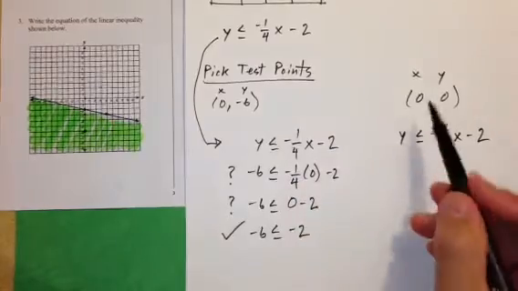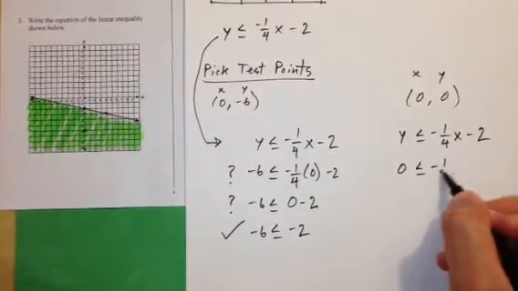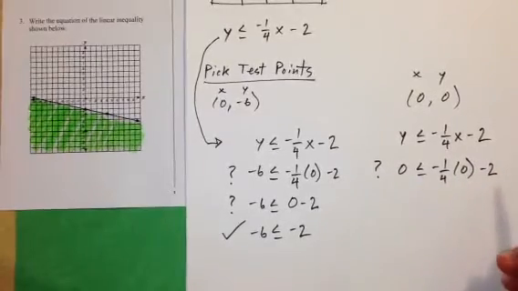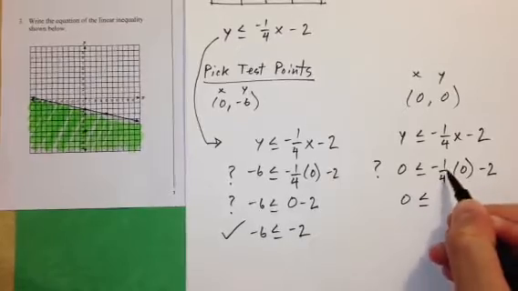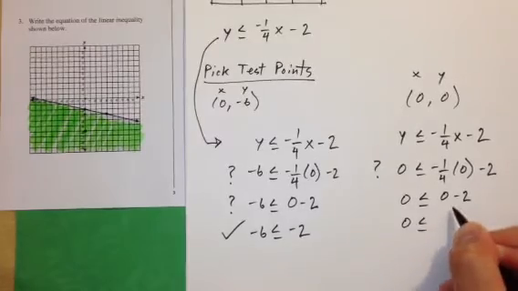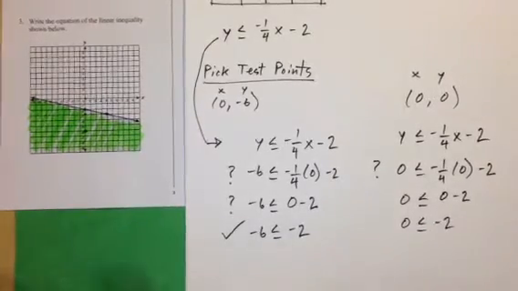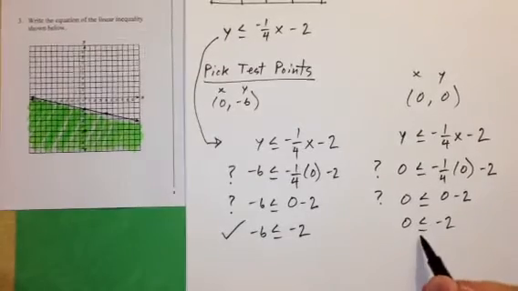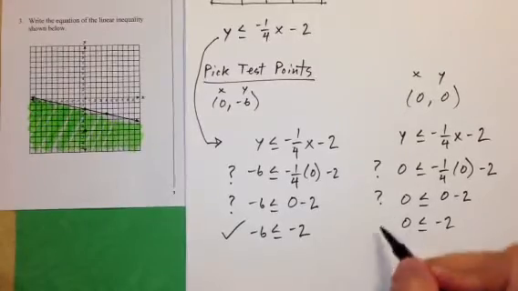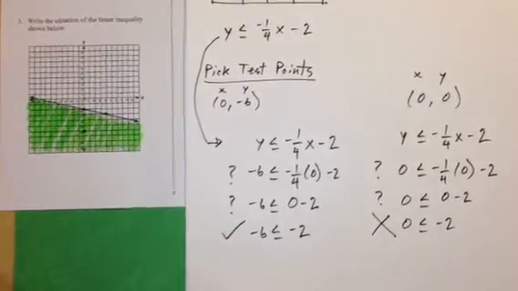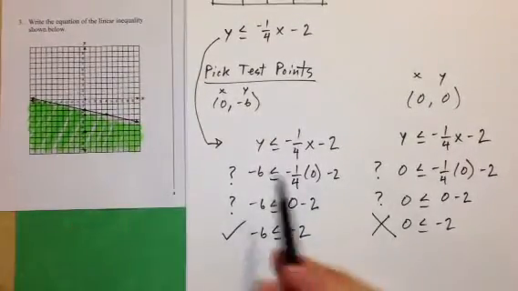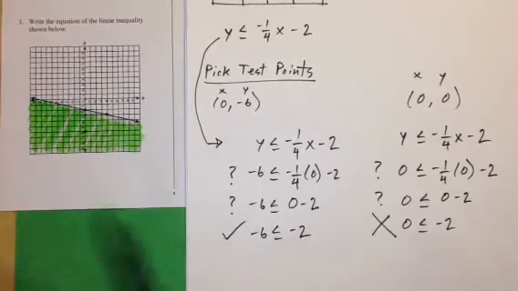Substituting 0 for y and 0 for x, with a question mark: 0 is less than or equal to -1/4 times 0 minus 2, which is -2. Is 0 less than or equal to -2? No, 0 is greater than -2. So this is not true, which means we picked our inequality correctly. We could have picked any point over here.